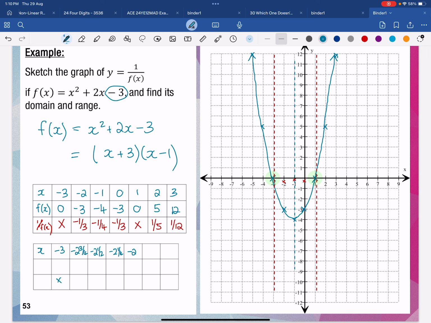So let me grab one of my mini calculators. That's the one I want, the FX 8200, because I don't know why I'm doing this manually when I don't have to. All right, I'm going to go to my table, and then I'm going to define my table range as starting at negative 3.